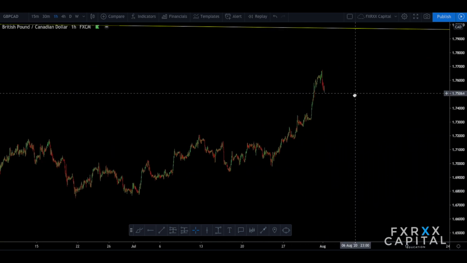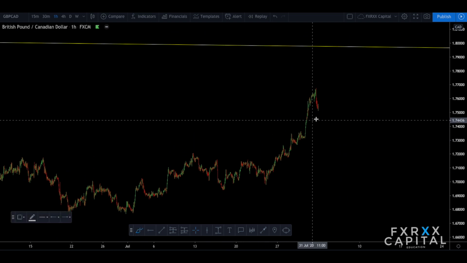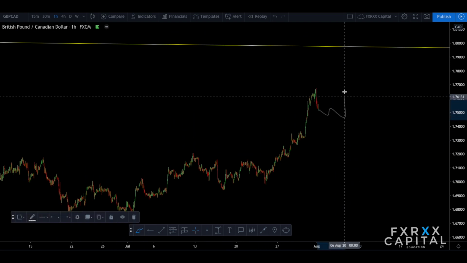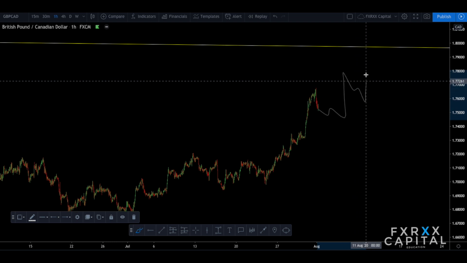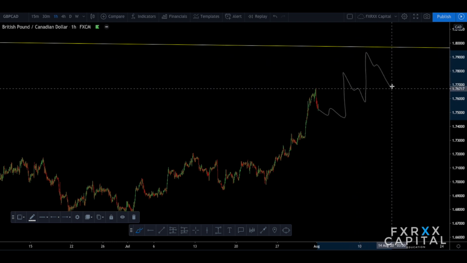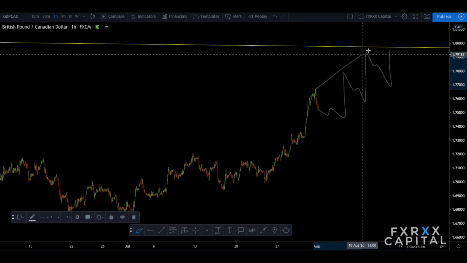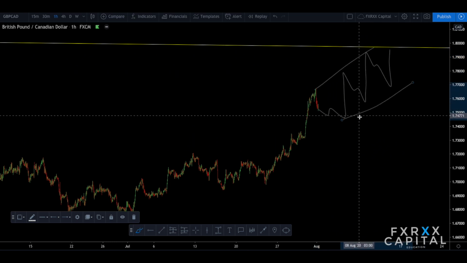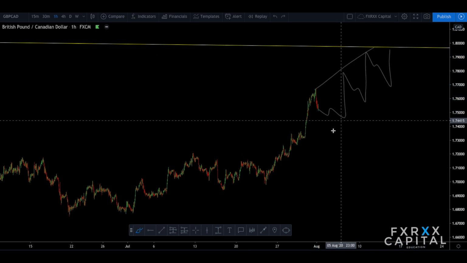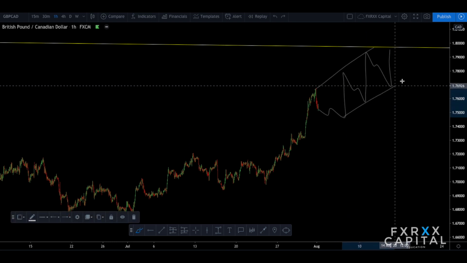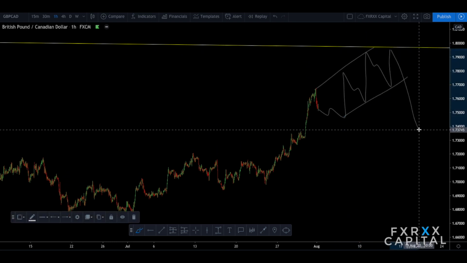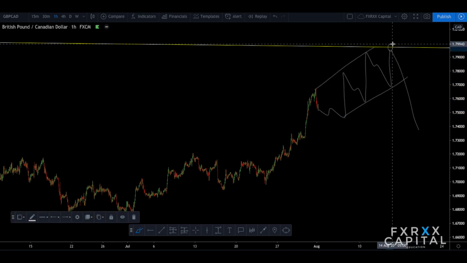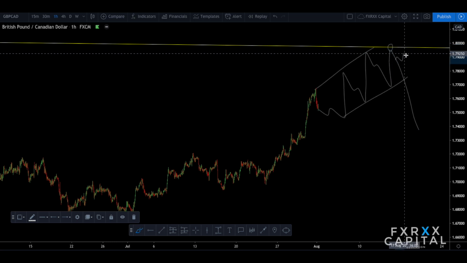For this pair, I will wait for price to develop one clean descending channel and sell from this area, either risk entry or reduced risk entry, and sell it from here.